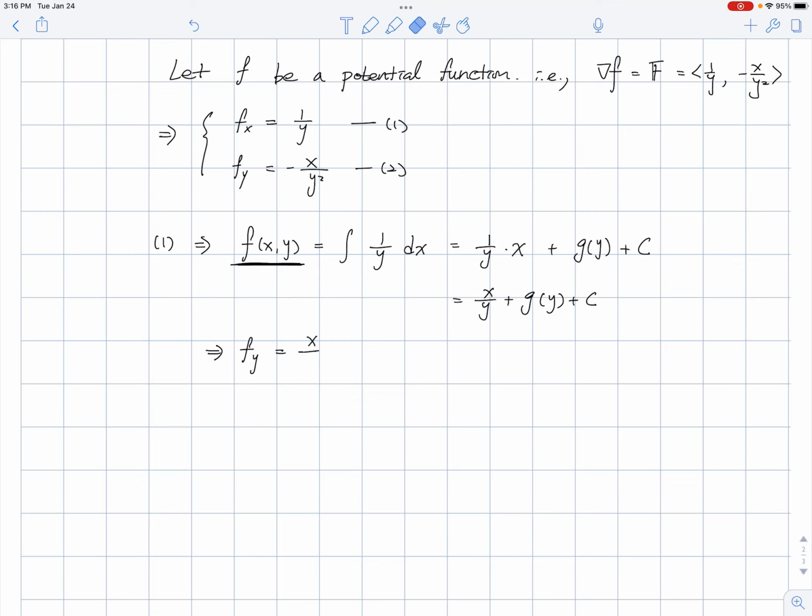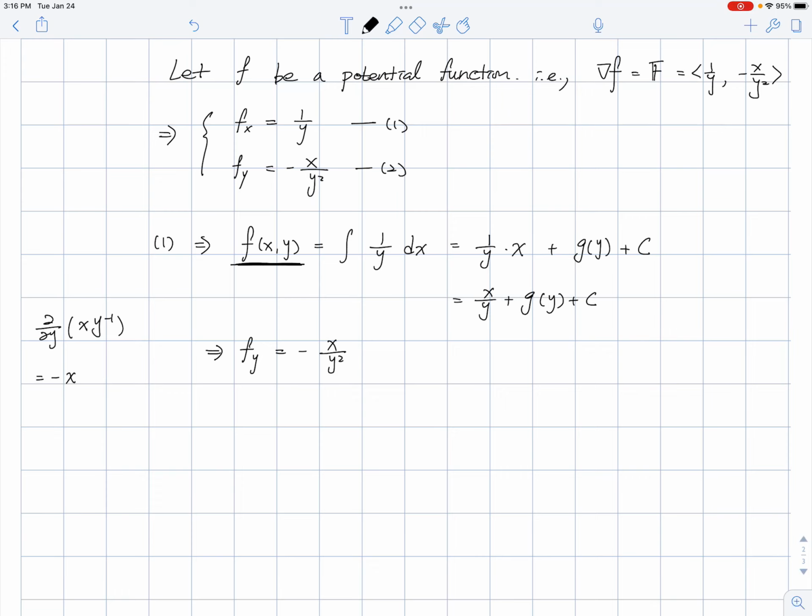All right, so let's differentiate this function with respect to y and see what we get. We get minus x over y squared. Why? Because you are treating x as a constant, and 1 over y is nothing but y to the negative 1.